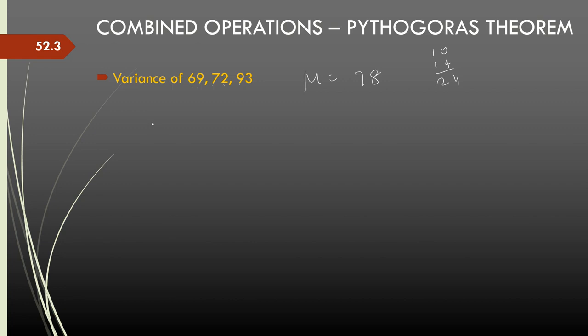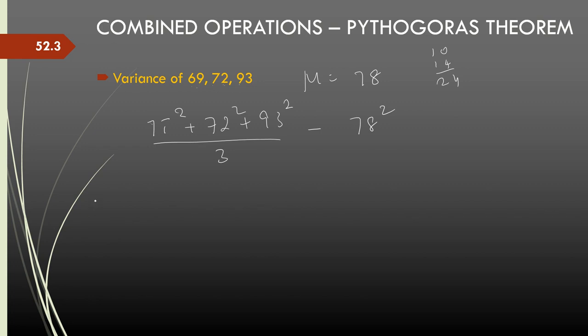Now I am trying to calculate 69 square, that is 7 bar 1 square, plus 72 square, plus 93 square, by 3, minus 78 square. Now like in the previous problem, I can do the calculation place value by place value.